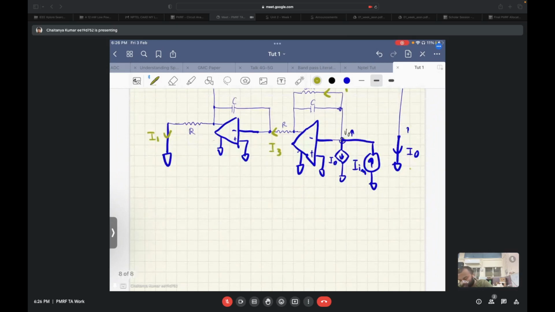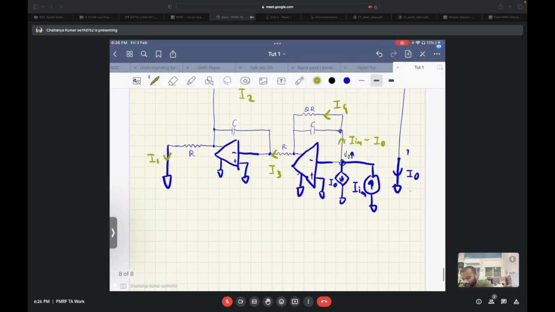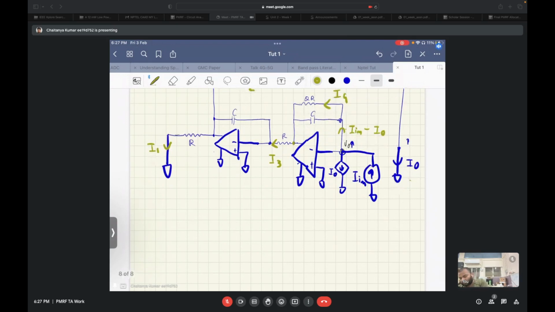So we have this: the total current that is going in this direction is I in minus I naught. The same current flows through the parallel combination of QR and C, so the voltage at this output node can be written as follows. This voltage over here, let's call it Vx.